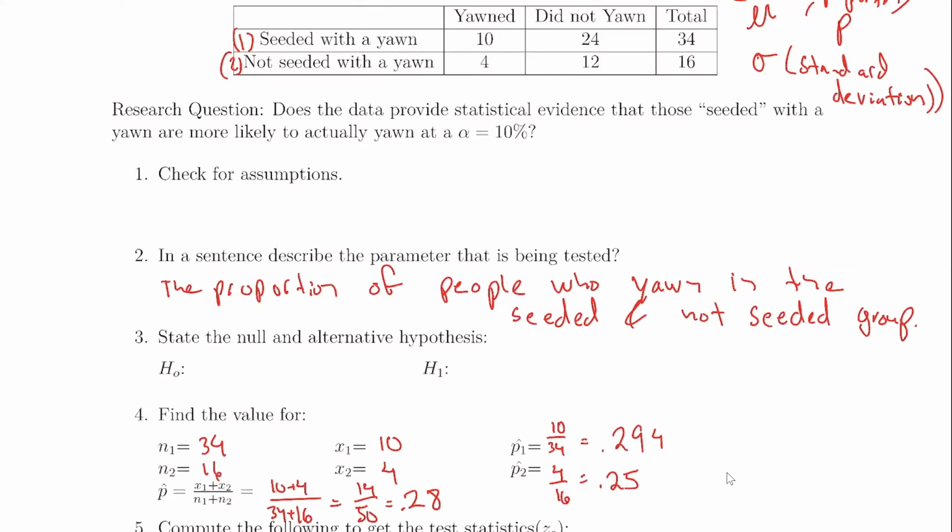All right, so let's check some assumptions. Because if you look at the problem, nowhere in the problem does it say that the data set was normally distributed. So let's go ahead and see if they got a big sample size or also if they have a big population. So let's check the CLT.